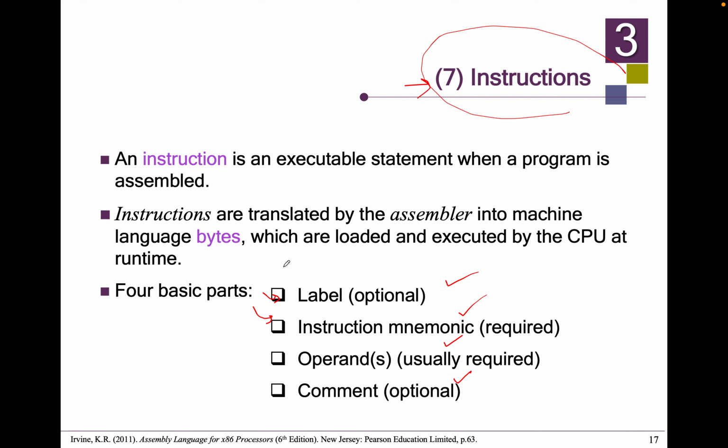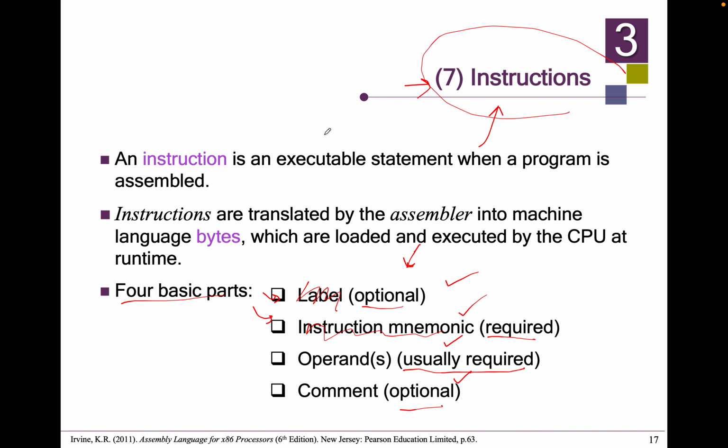So when you're going to use your identifier, which part is important? If you don't have a label, is it okay for your instruction? If you don't have an instruction mnemonic, is it okay or not? You can see some are optional, some are required. So which of these 4 parts do you need to remember in the structure?